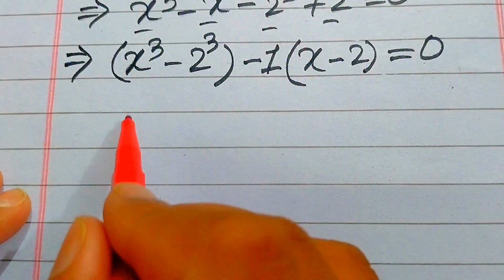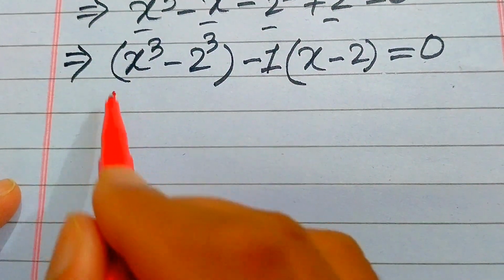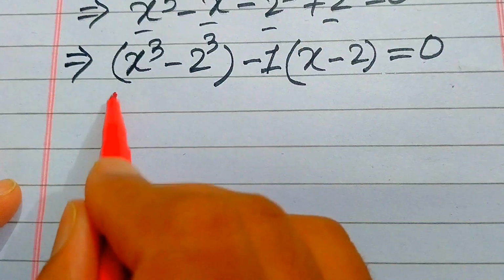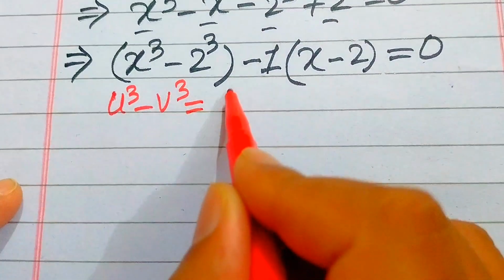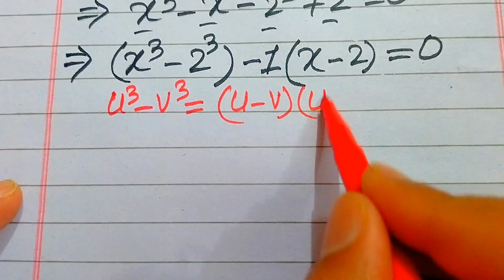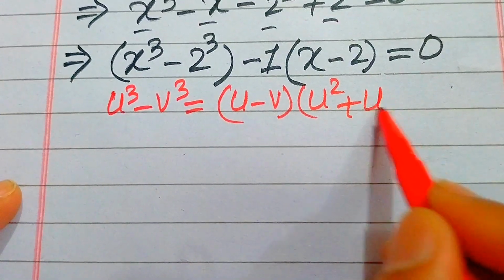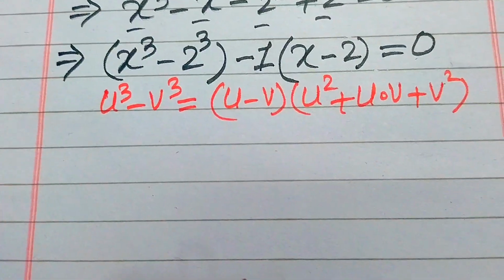We know that u cubed minus v cubed equals u minus v times u squared plus uv plus v squared.